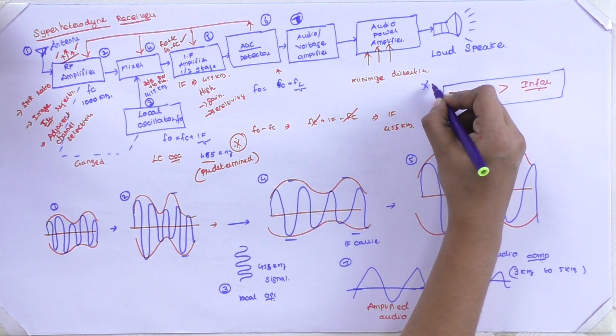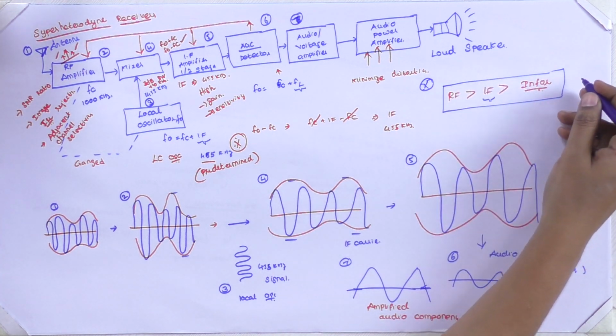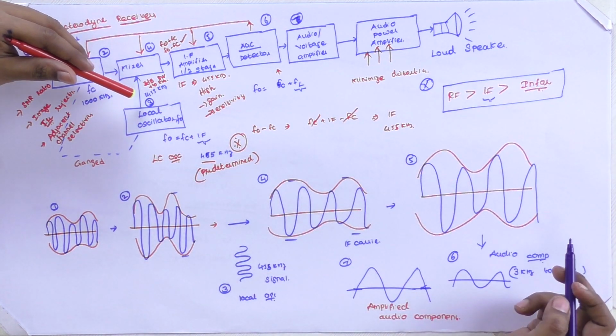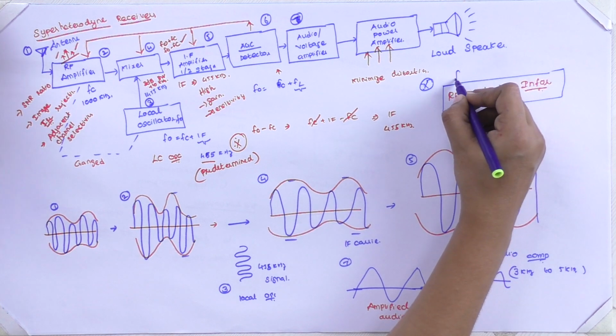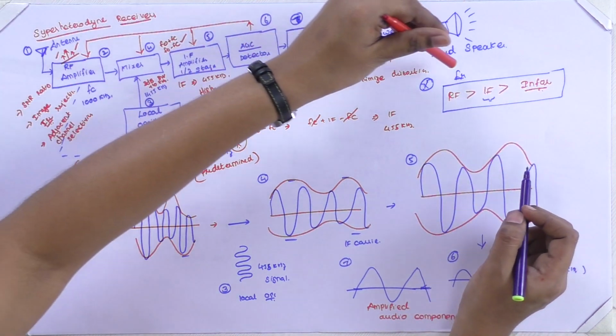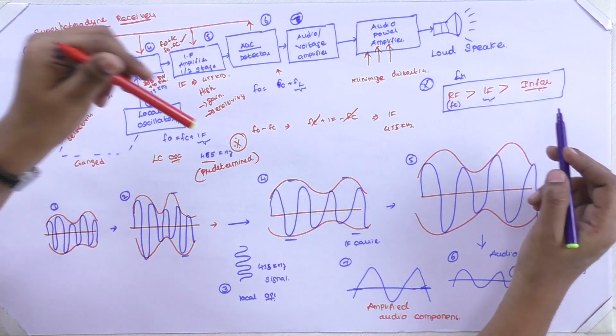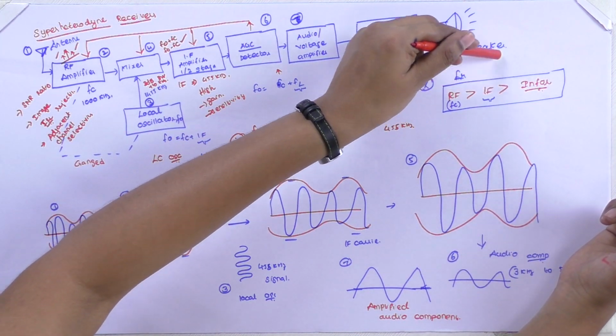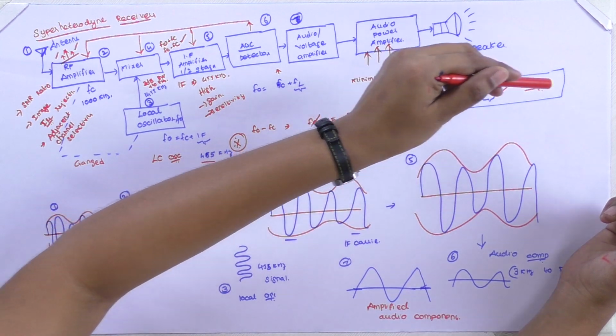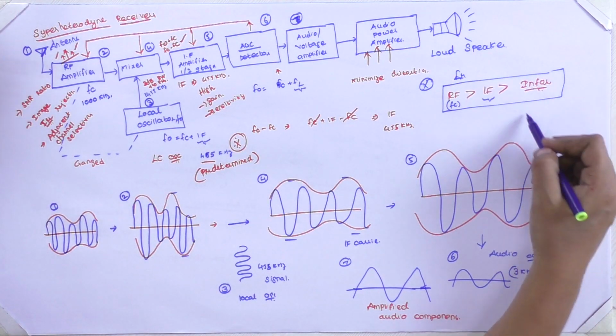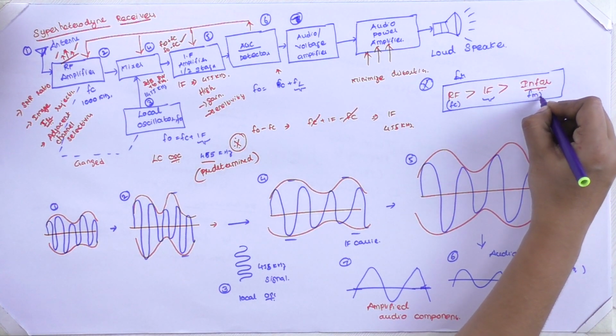This is an important point to keep in mind for intermediate frequency. The RF, which we denote as FC, is always greater than the intermediate frequency, and the intermediate frequency should always be greater than our information signal, FM.